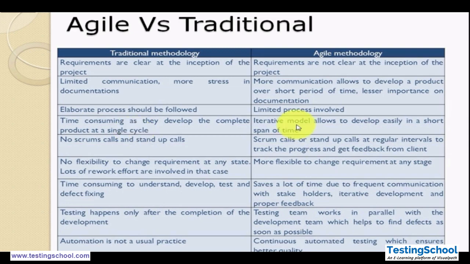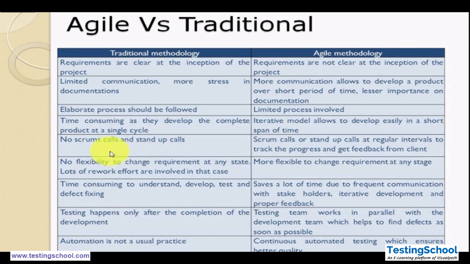But the agile model is an iterative model that allows developing in a short span of time because we have a 15-day cycle. Let's say our sprint is 15 days. In that 15-day cycle, you have to develop your requirement and you have to test that also.